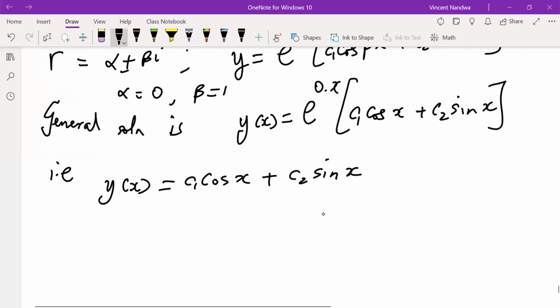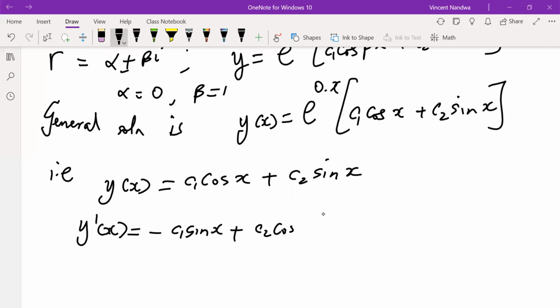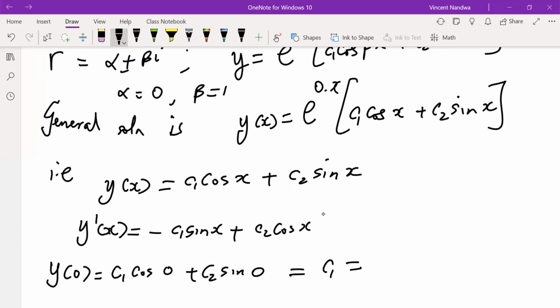But you have been given the initial conditions. So y prime of x is negative c1 sine x plus c2 cos x. So y at 0 is c1 cos of 0 plus c2 sine of 0, which will give us c1, and from the definition this is given by 2.